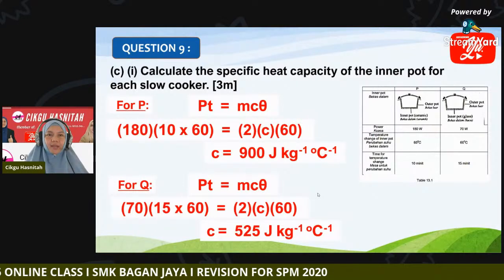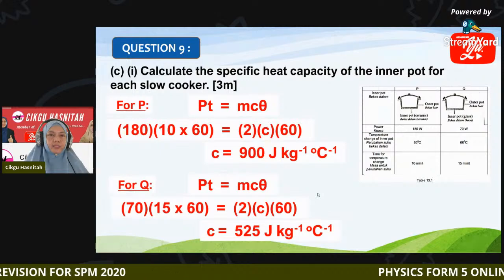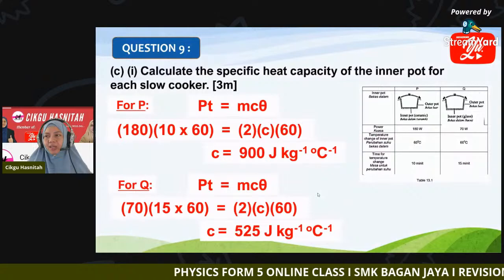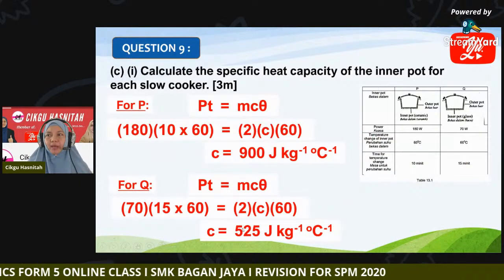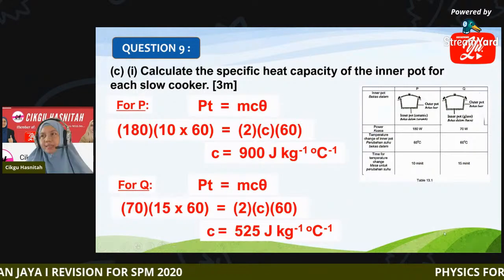So this is how we determine the specific heat capacity for both pot P and Q. 900 for P, 525 for Q. Again, please check this answer for me.